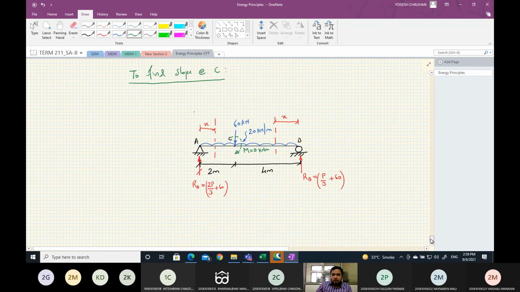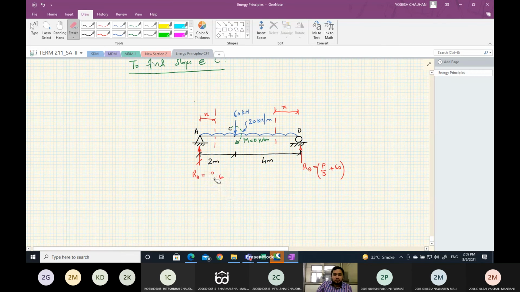And then you find the reactions in terms of M. Find RA and RB in terms of M, and follow the same procedure, you will get this.